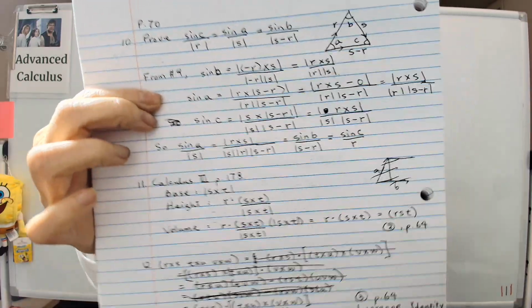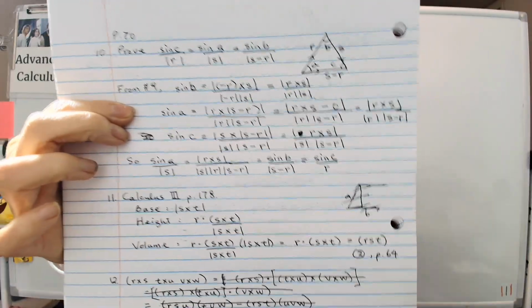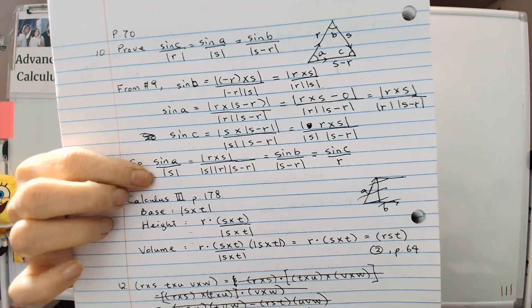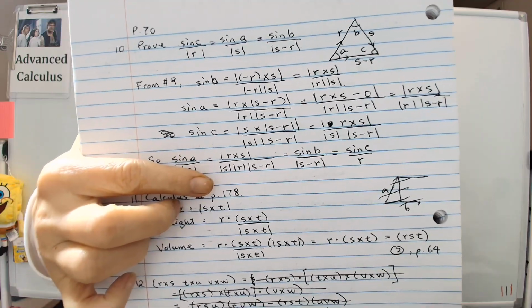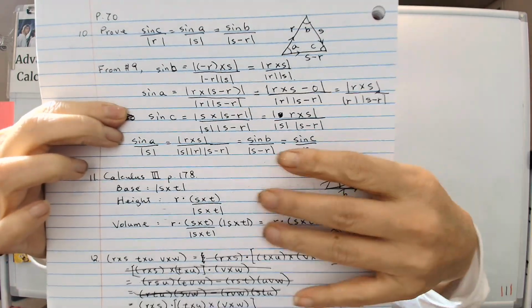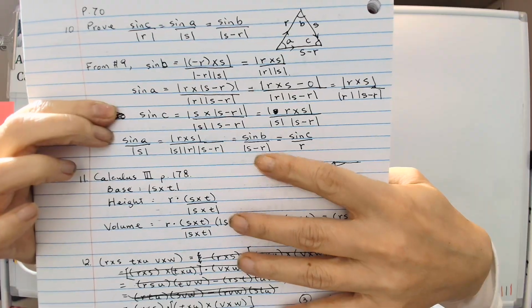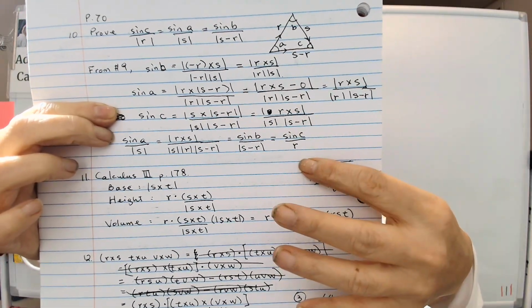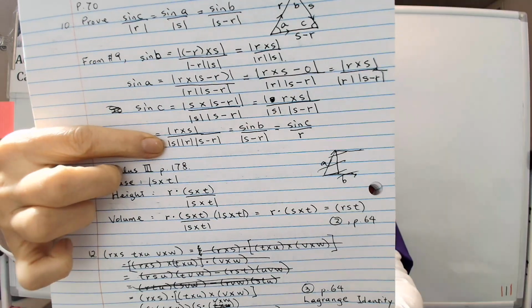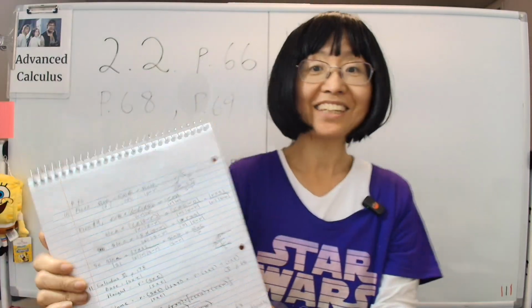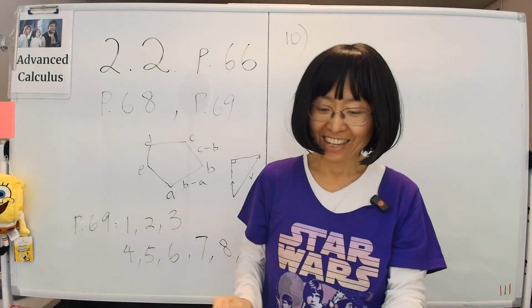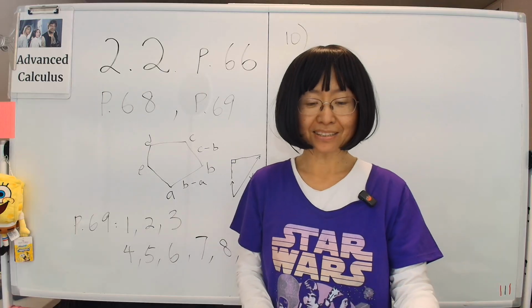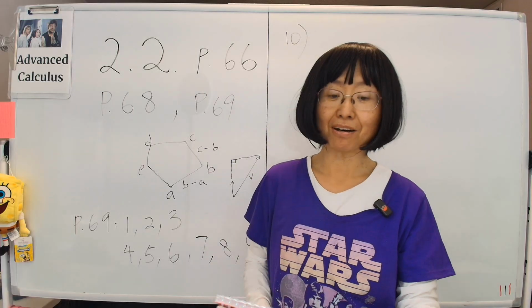The denominator has all three objects in there: S, R, and S minus R. The same holds if you do it to sine B, dividing by this, and sine C, dividing by R. They all equal this expression, which means they all equal each other. Now, isn't that neat? So that's the vector proof of the law of sines.